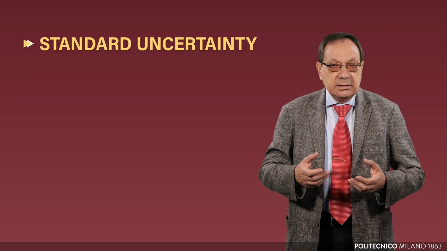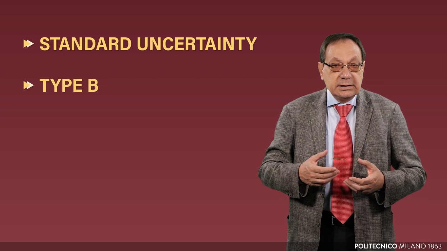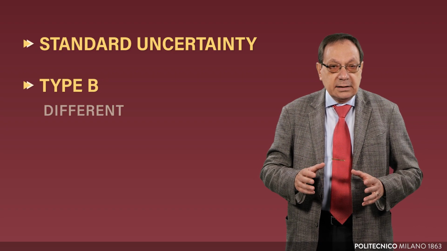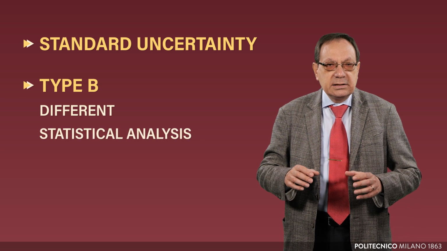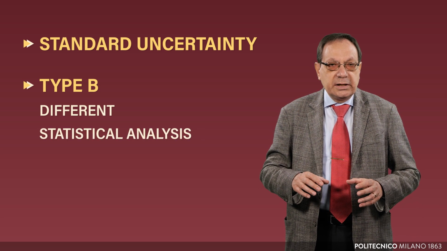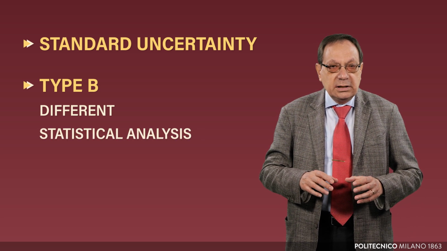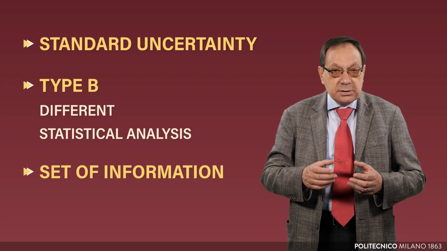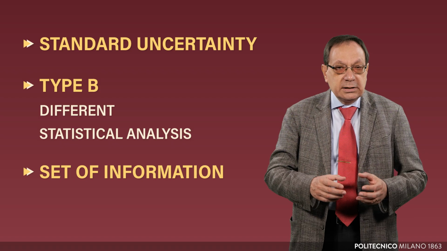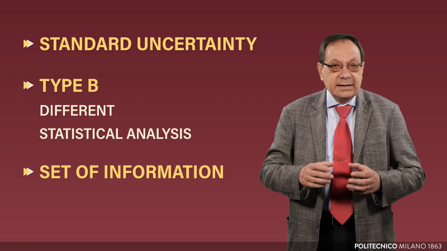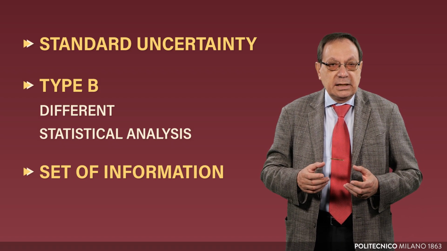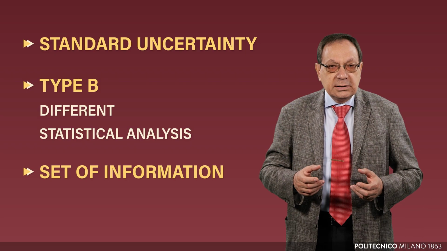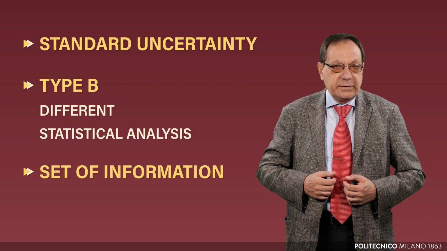We have analyzed the type B method that is based on methods other than the statistical analysis of series of observations. We have also seen what information can be used to assess the standard uncertainty to be associated with the measured value and thus obtain a measurement result. We have also considered an example of the application of this method.